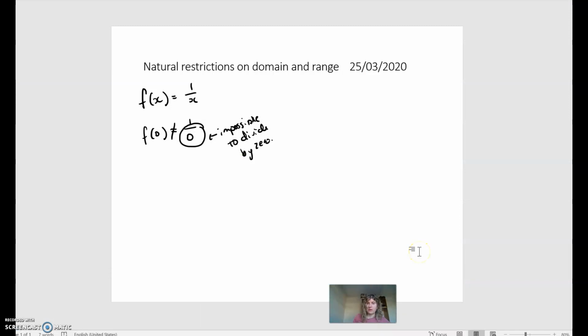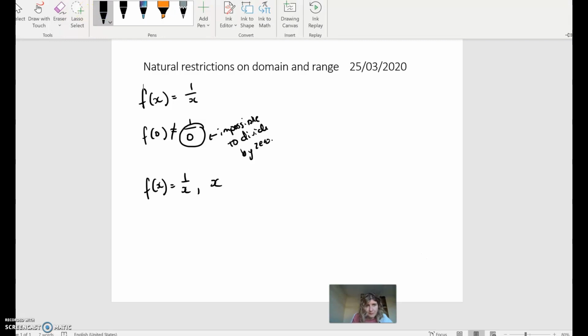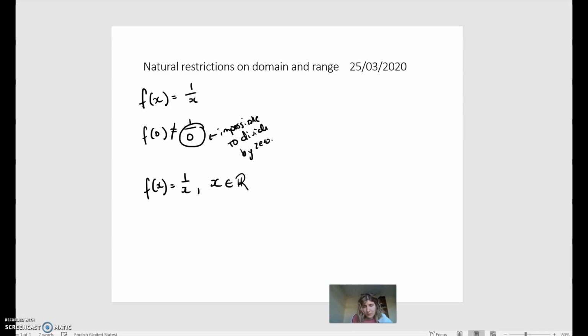So for f of x equals 1 over x, the domain is that x exists for all real numbers, from negative infinity to positive infinity, with the exception of 0. And that's because you have that divide by 0 there.